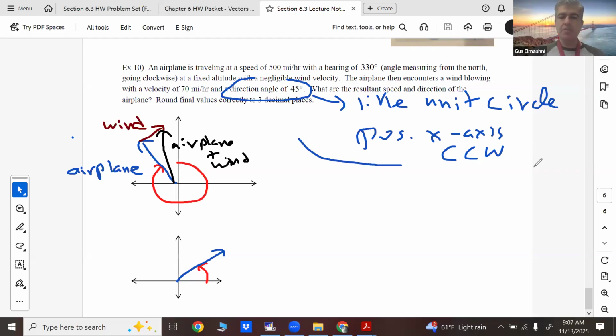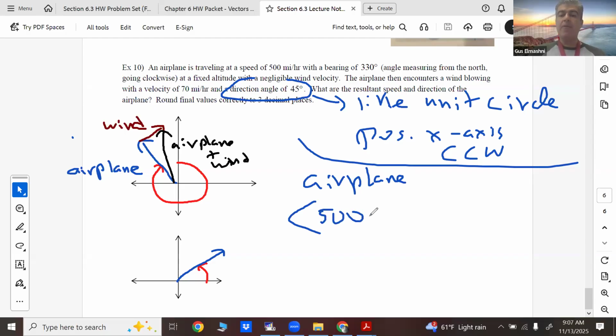It's like 180 plus 30. So airplane. We're gonna do this. Okay, now 150. The magnitude of the airplane is 500. However, I'm gonna do this. Let me erase some stuff here. It's getting a little too busy.